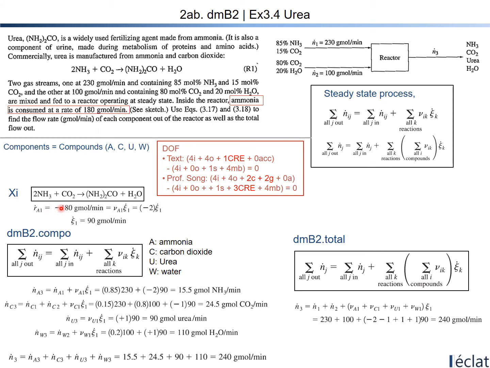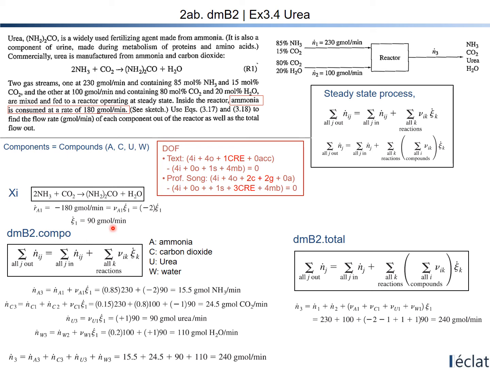Because ammonia is consumed instead of generated. Then, which is equal to xi, the extent of reaction 1, times the stoichiometric coefficient of ammonia in reaction 1. What is the value for the coefficient? Minus 2. So minus 2 xi1. Then you can obtain the value of the extent of reaction xi for reaction 1.